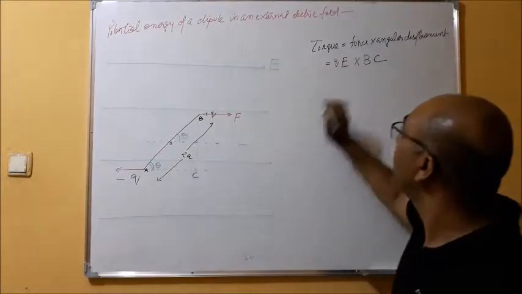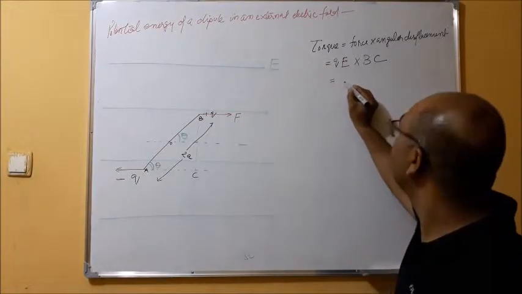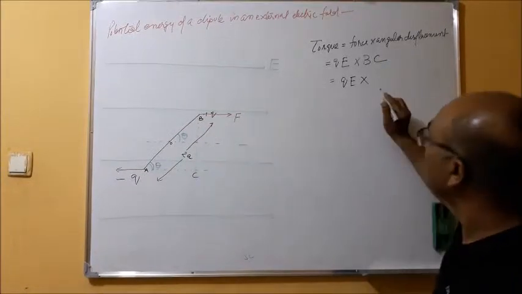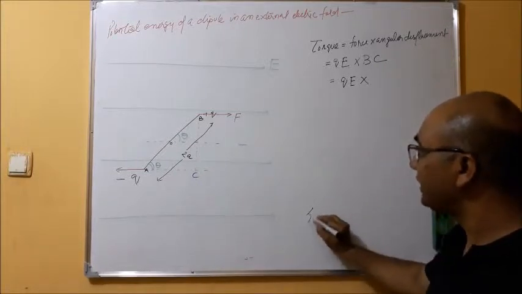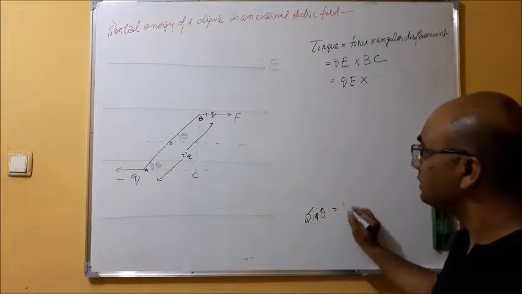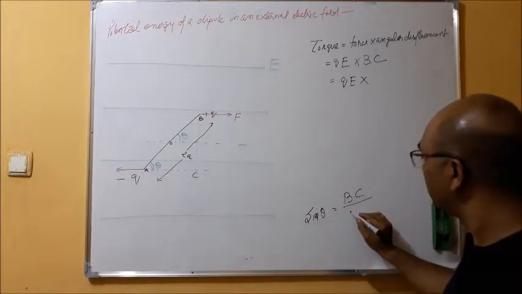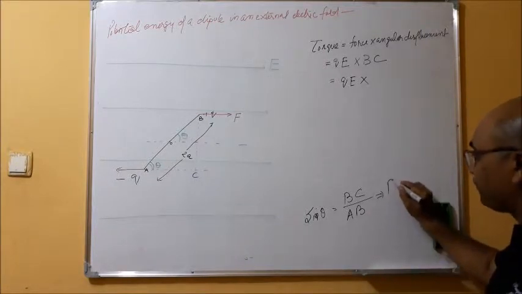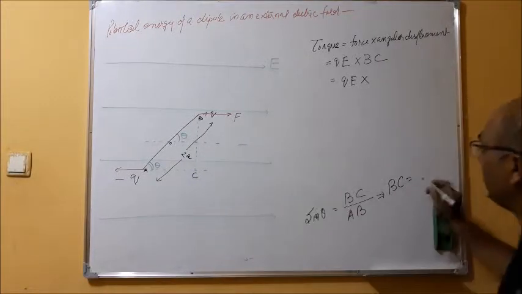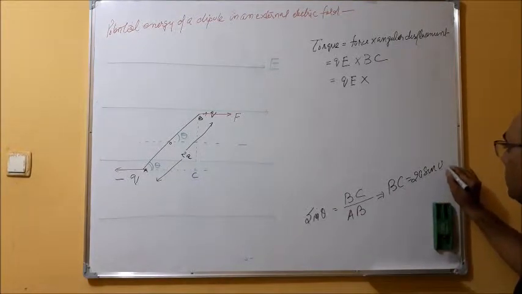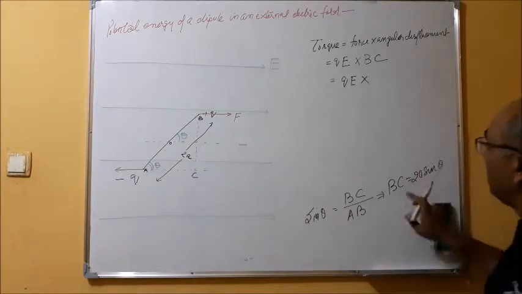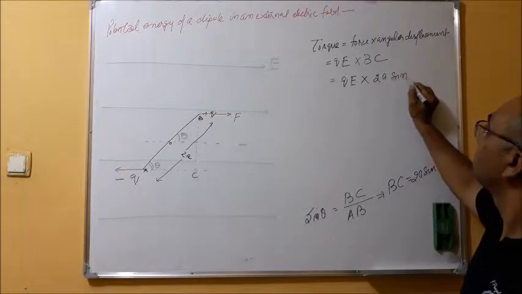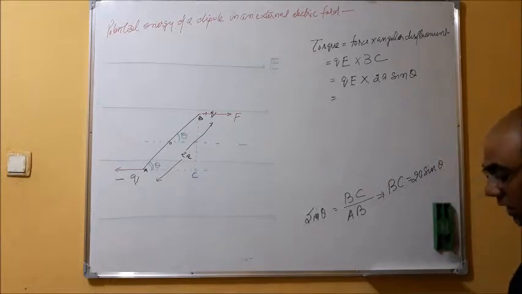What is the value of BC? Sine theta is height upon hypotenuse, so BC is given by AB times sine theta. AB is 2a, so BC is 2a sine theta.